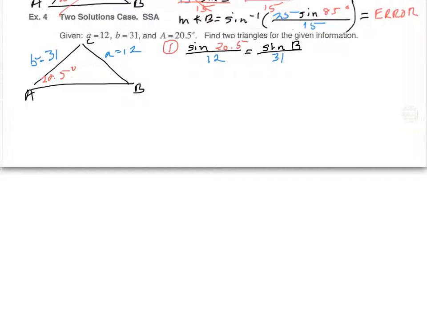So we're going to solve for sine of B, cross multiply. So we get 12 sine of B, and you're going to run out of room on this one, so you want to write really small. 31 sine of 20.5.